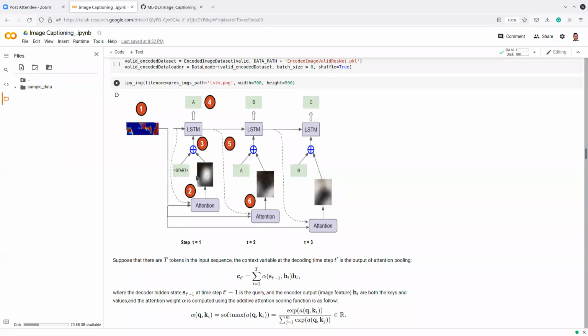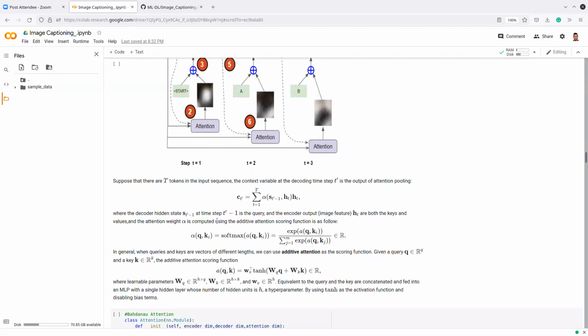This increases the accuracy and makes the model stable in the training process.